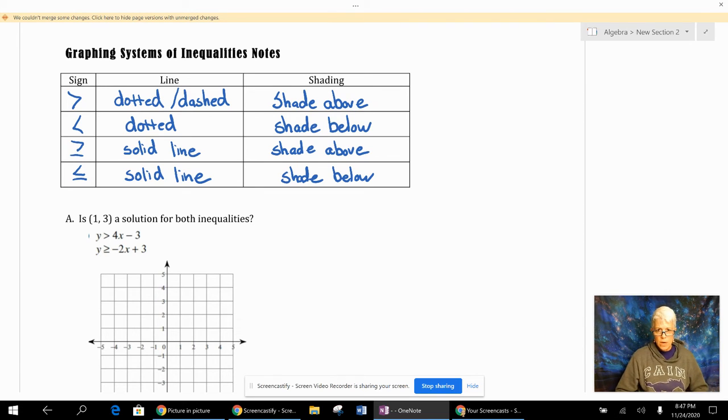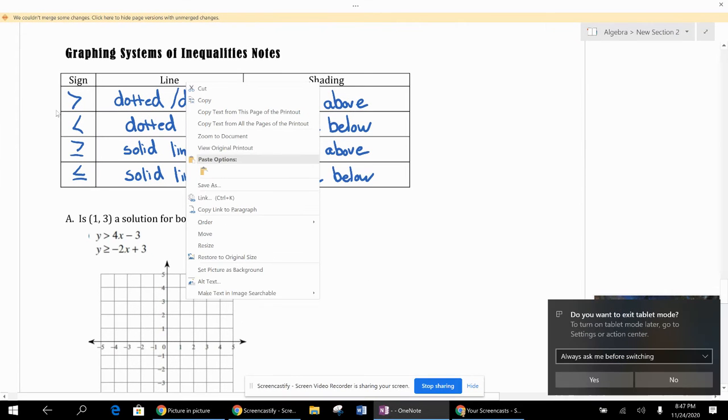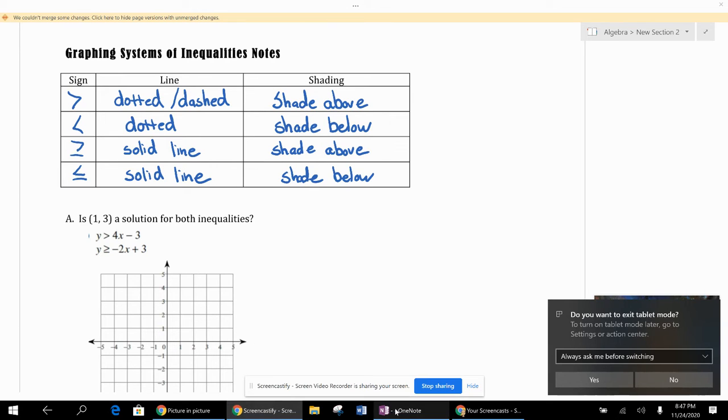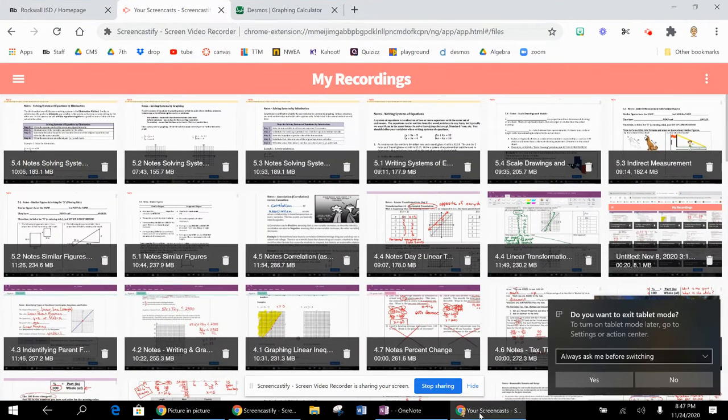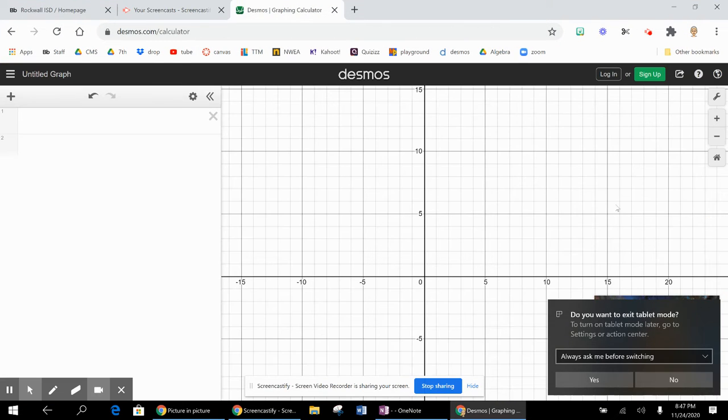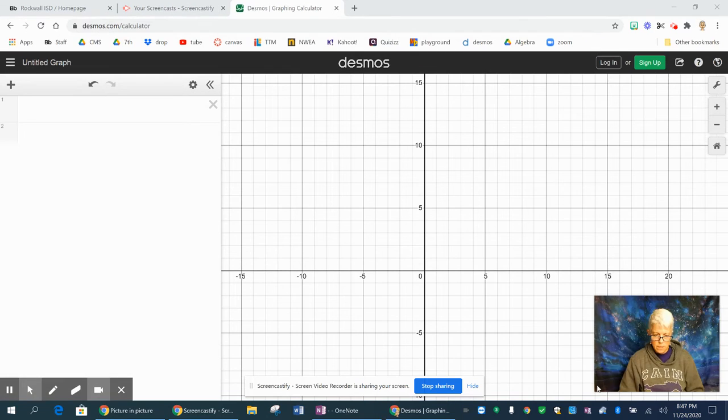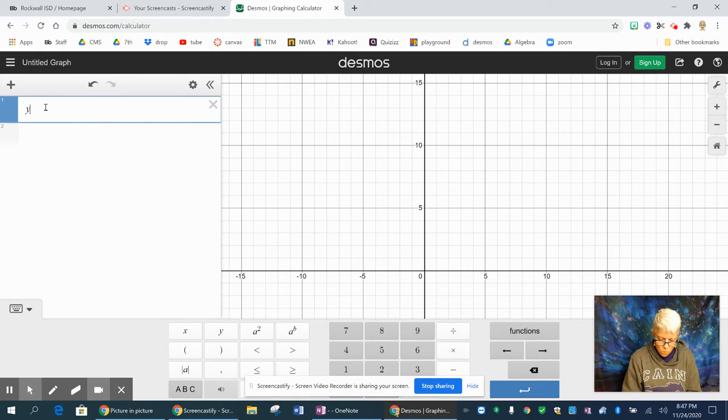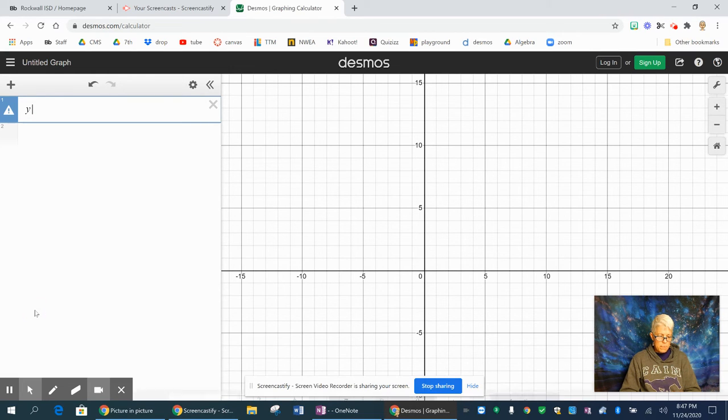So let's go ahead and pull up Desmos. I'm going to do it over on my side. Okay. And I'm going to take the very first equation that they give us. Let's see, we're going to type that in. So I'm going to go ahead and minimize this.